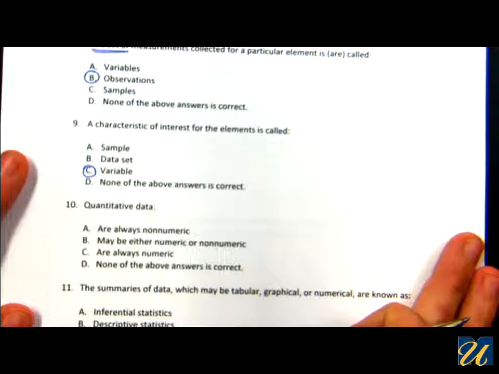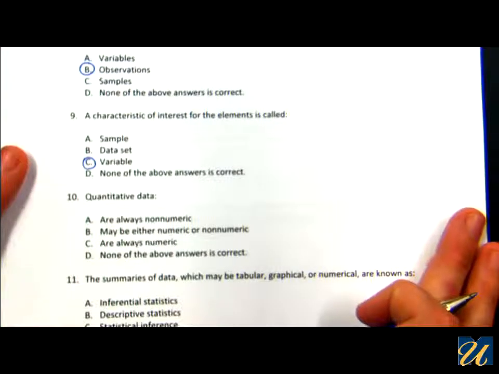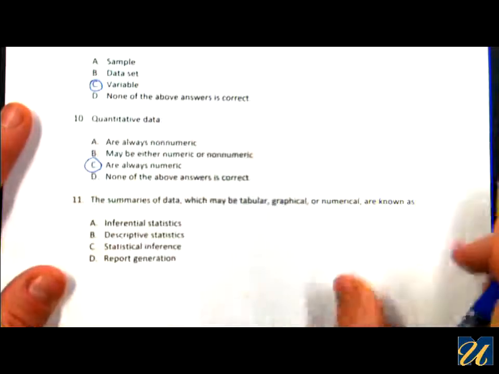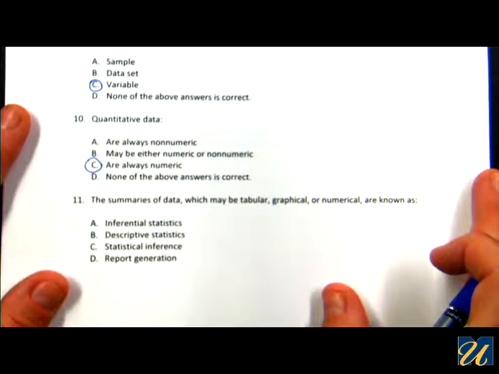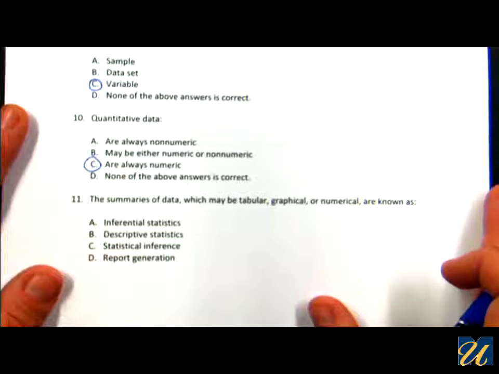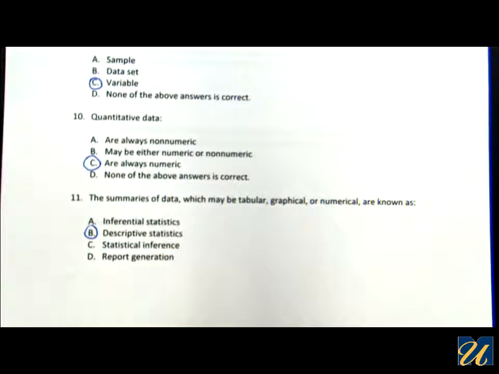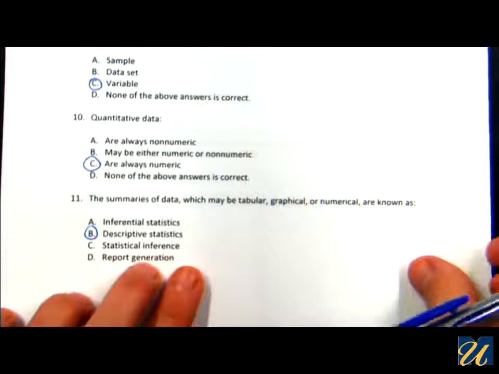Quantitative data are always numeric. And the summaries of data, which may be tabular, graphical, or numerical, are known as descriptive statistics. What do we use to present our findings?